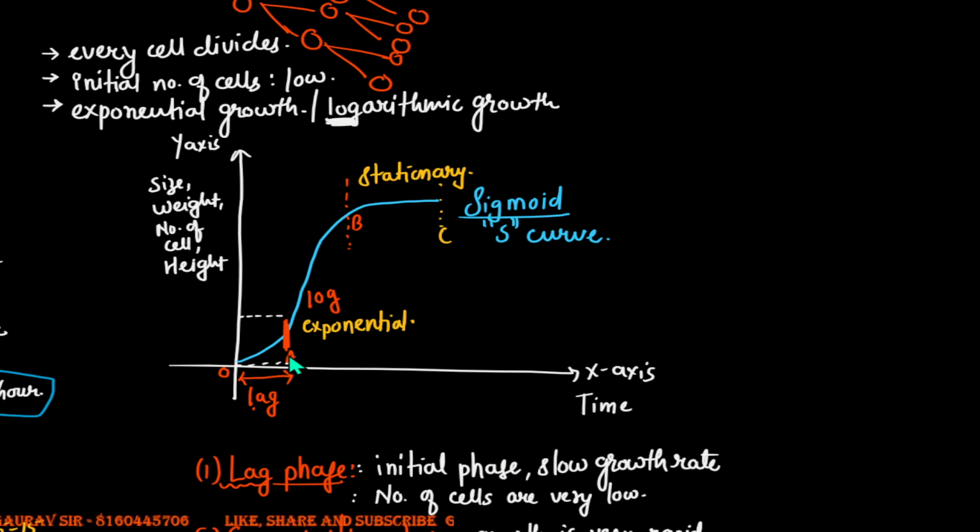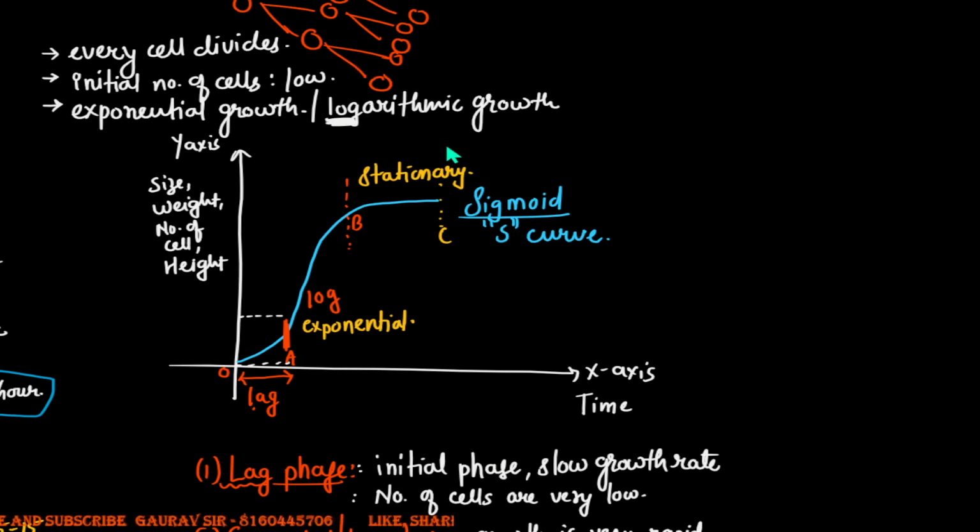Now, from the lag phase, the bacterial cells or the plant cells enter into a phase called the log phase. They would utilize the nutrients present in the medium and would grow rapidly. Cells are highly metabolically active here, and once this happens, the greater the number of cells in this exponential phase, the more would be the consumption of the nutrients present in the medium, which would ultimately lead to a shortage of nutrients, causing the cells to enter into a rest phase.